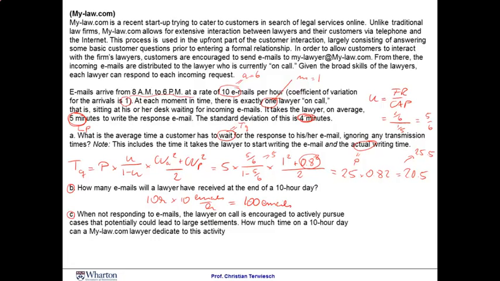And then finally, the last question asks about the time the lawyer can use to pursue these kinds of large settlement cases. And for that, we have to look at the idle time, which is 1 minus the utilization, times the 10 hours in the day. We know that the idle time is 1/6 because the utilization is 5/6, and so that is simply 10 over 6 hours per day.